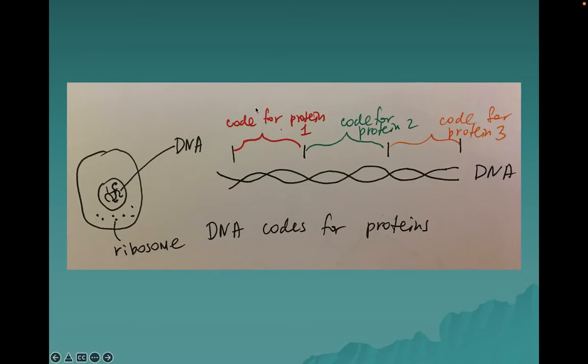So instead of saying here in red codes for protein 1, I could have just given this one word, and it's a word which a lot of you would have heard of, and it's not a particularly technical term, it's a term we use in everyday language, and I'm curious if you would be able to come up with this word. So again, it would be a good idea to pause the video at this point and have a little think about which word I have in mind.